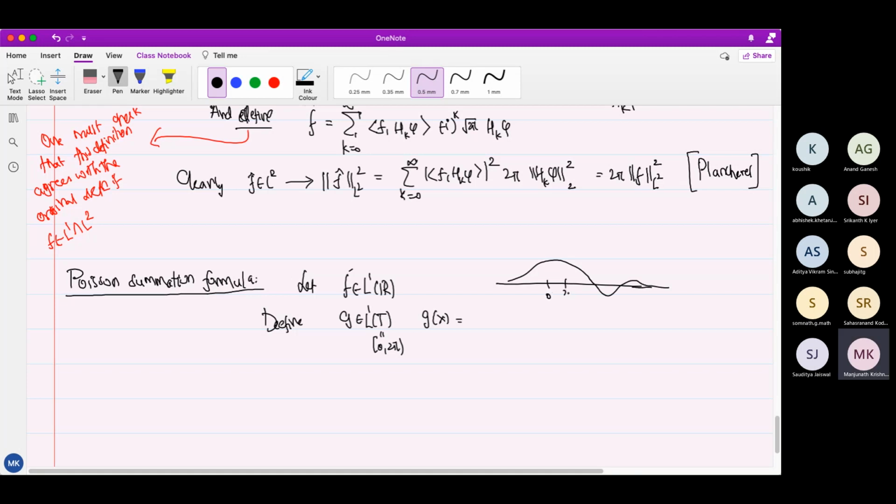So 0 is here, 2 pi is here. What we want is to make a periodic function using f. So we will just wrap it around. If I take an x here, we will take all its translates: x plus 2 pi, x plus 4 pi, x plus 6 pi, and also x minus 2 pi, x minus 4 pi, and all that. So we'll define it as the sum over n in the integers of f of x plus 2 pi n.